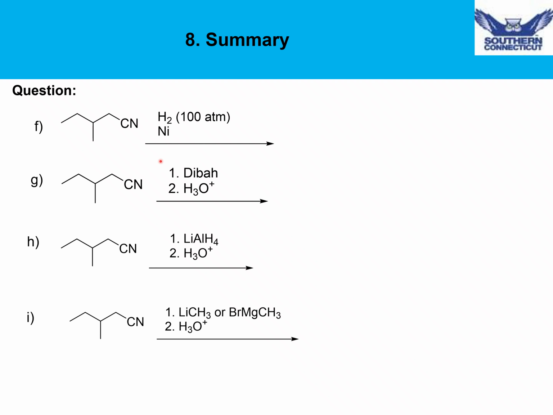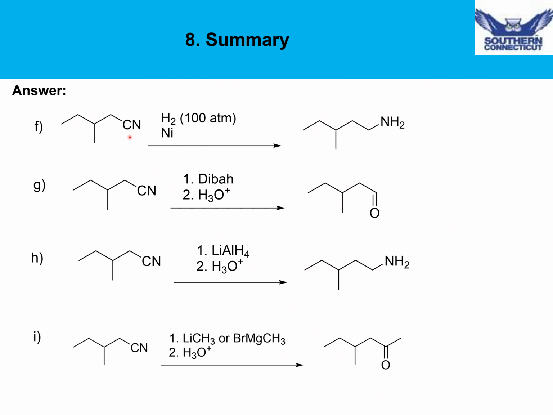The next reaction involves a nitrile reacting with thiol followed by aqueous acid. The next reaction is a nitrile reacting with lithium aluminum hydride followed by aqueous acid. And then lastly, we're using a nitrile reacting with an organolithium or a Grignard followed by aqueous acid.